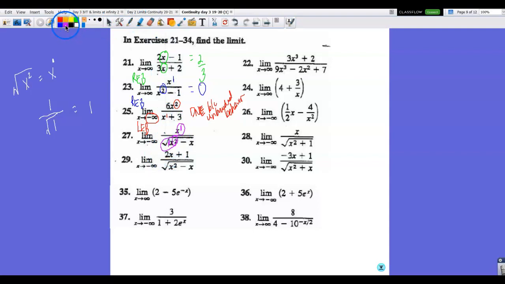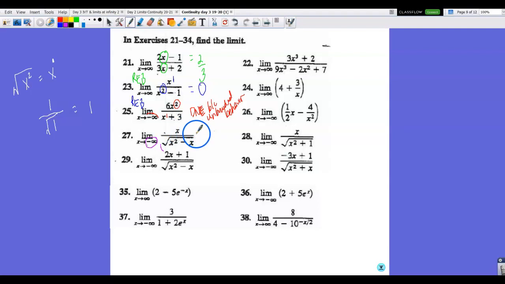So now we're going to think about negative infinity. Remember that in this particular case we are approaching negative infinity. So if I were to let the numerator go to negative infinity, I would get a negative.